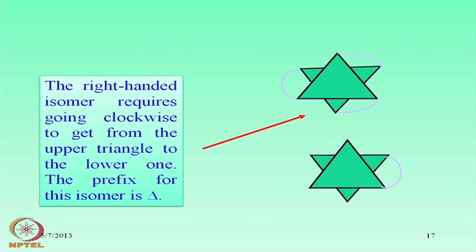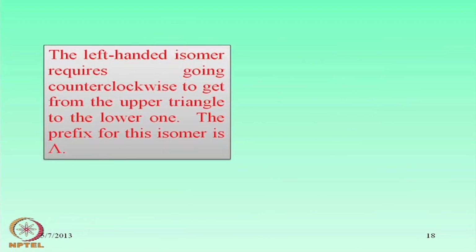In this case we can also have a different one, where the binding is in the opposite direction. So upper to lower in anti-clockwise direction, upper to lower again in anti-clockwise direction, and then upper to lower in another anti-clockwise direction. This particular movement is going from one form to the other. In the same fashion, the left-handed isomer requires going counterclockwise to get from the upper triangle to the lower one.